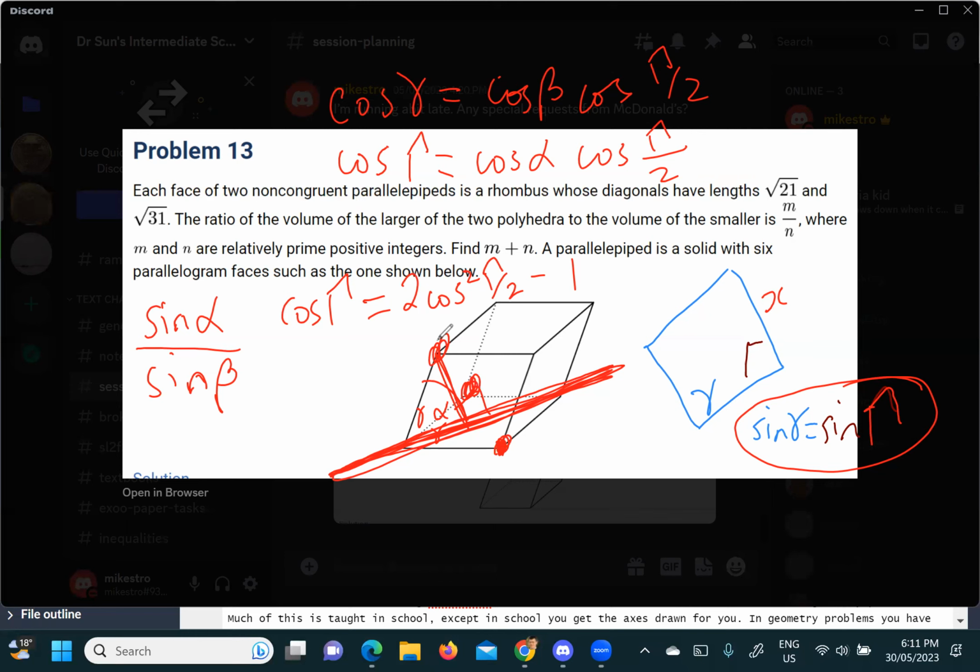If this is u and this is v and that's w, then u dot w equals x squared cos gamma.